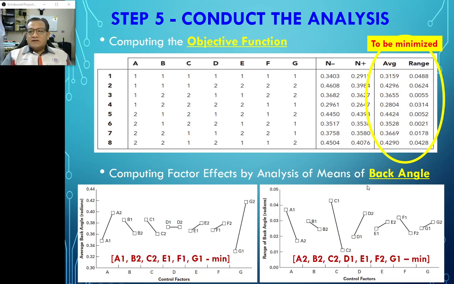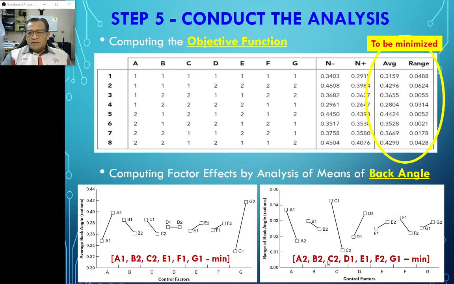So from there, of course, since this is a minimum function type, you must have the minimum movement of back angle, then your best minimum set point combination for your testing is A1, okay, B2, C2. Okay, since this is flat, perhaps this is of non-different value testing. F1 is this, G1 is this. So these are the minimum best combination of set point for average of the back angle.